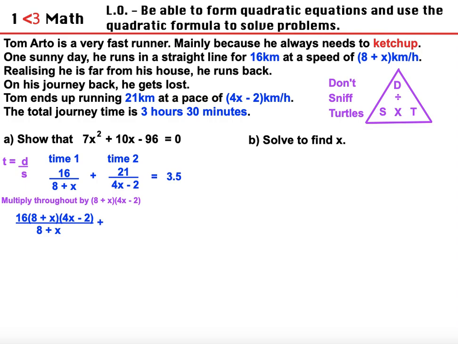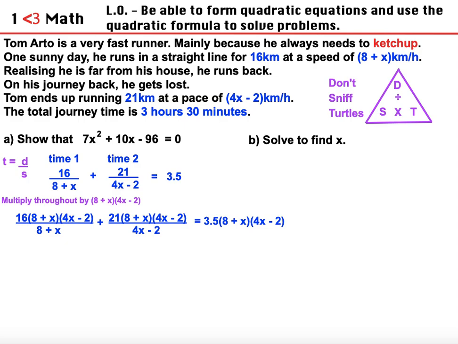The second term, 21 over 4x minus 2, is going to become 21, 8 plus x, 4x minus 2 over 4x minus 2. And our final term is going to become 3.5, 8 plus x, 4x minus 2, as you can see on your screen.